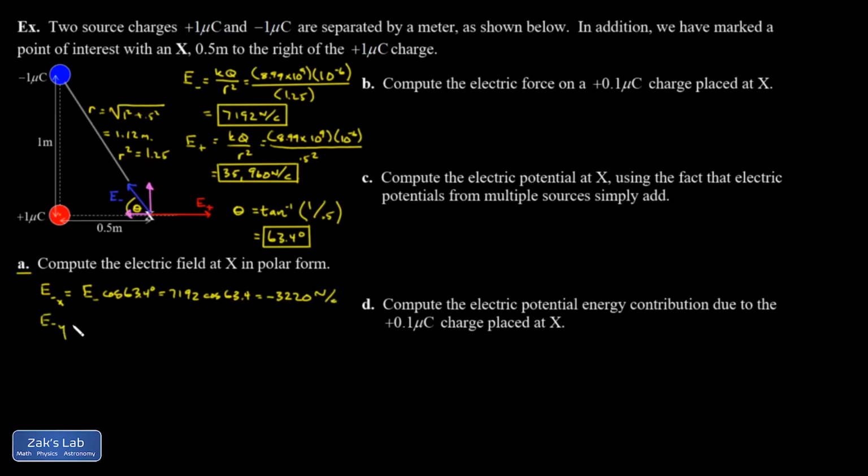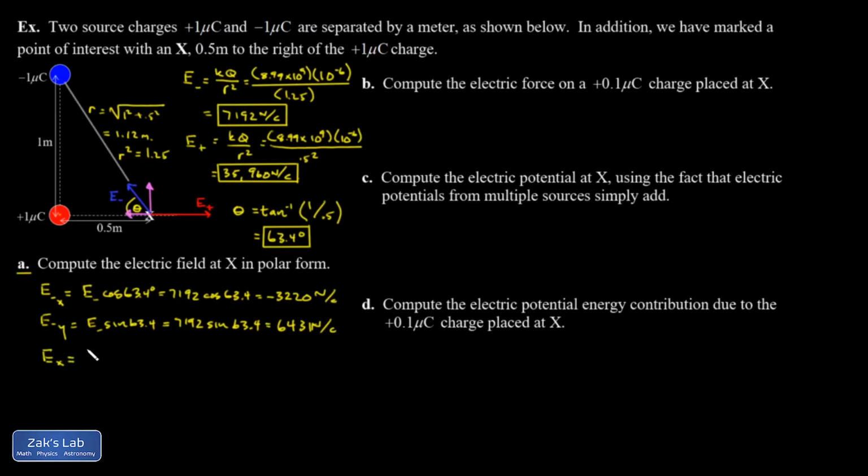The Y component of E minus, that's E minus sine 63.4. That's 7,192 sine 63.4. And that gives me 6,431 newtons per coulomb. Finally, I want to get my total X. So I'm just going to call that EX. And that's E plus.